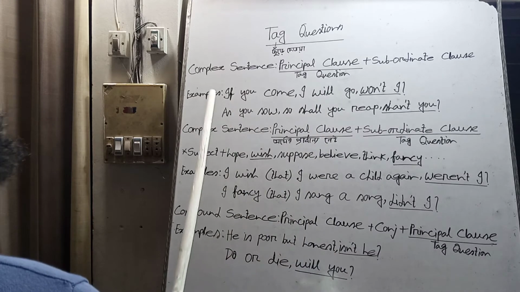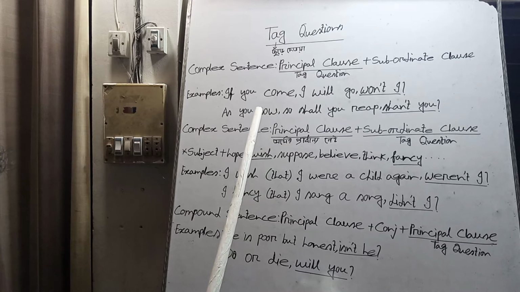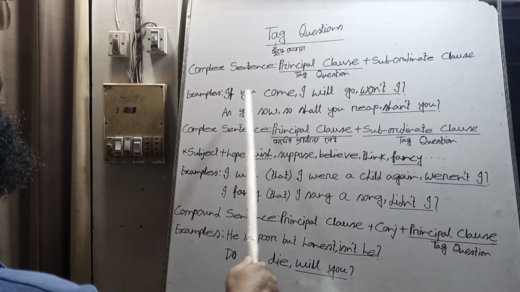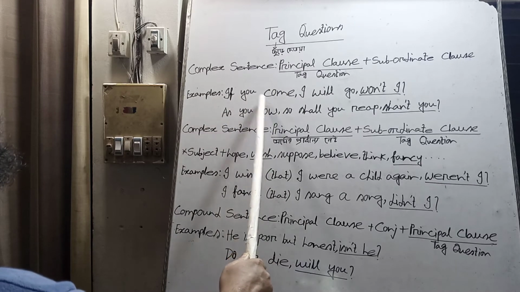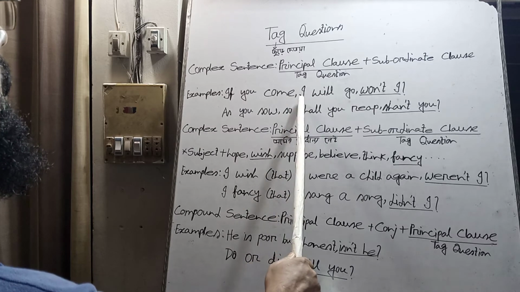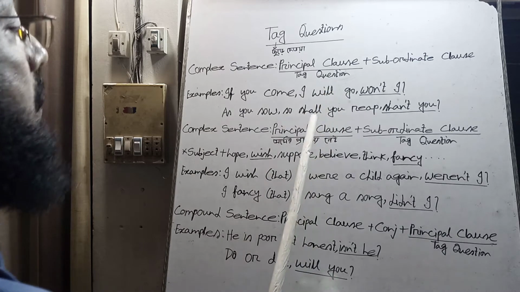We know any subordinate clause is started with a subordinating conjunction. Here the conjunction is if. If we use the subordinate clause first, after it we use a comma, and after the comma we use the principal clause. So "I will go" is the principal clause.